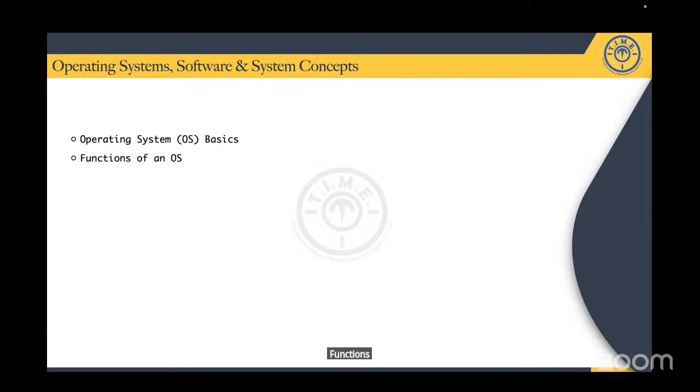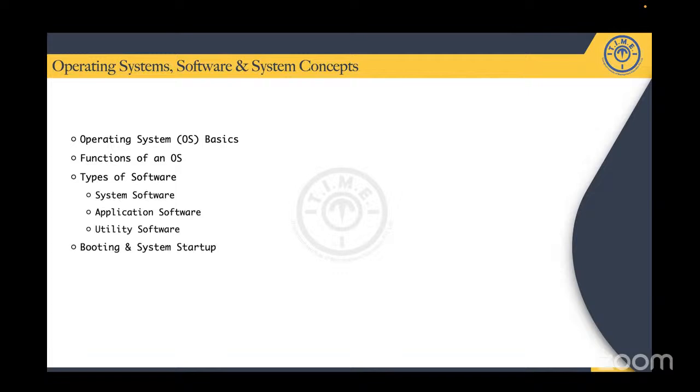Functions of OS. Let me display all the points. Okay, so the core functions of OS: process management, memory management, file management, device management. So please remember: process, memory, file, device.